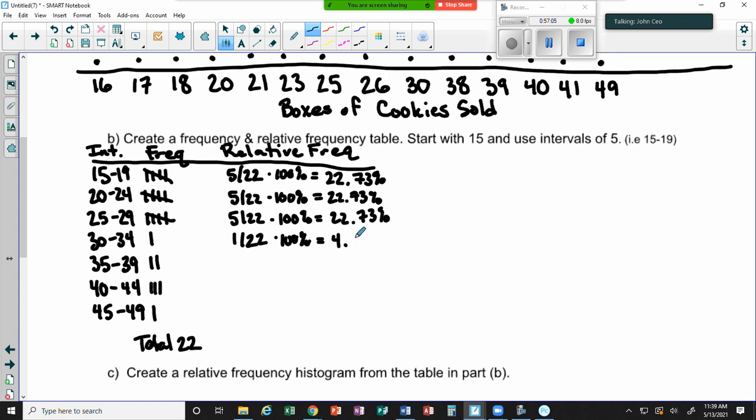So it's going to be 4.54, or 4.55 actually, round.